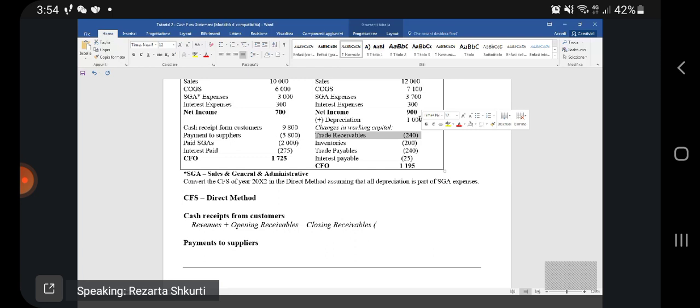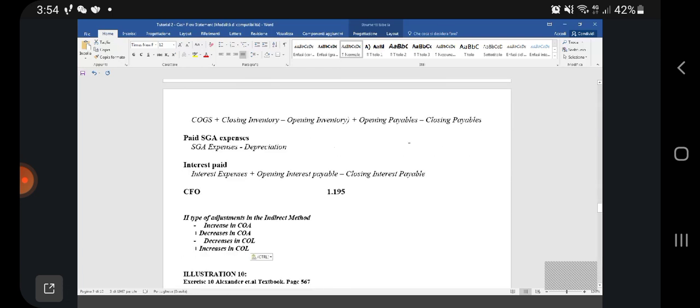It is the effect, the impact, according to the indirect method. We have a negative impact whenever we have an increase in assets. So actually this minus 240, even though it is with a minus, is an increase in assets, okay?